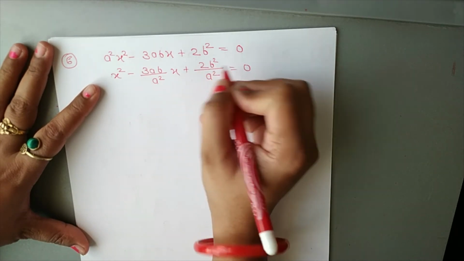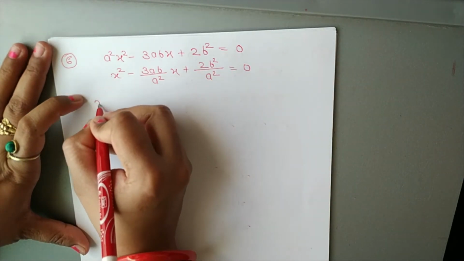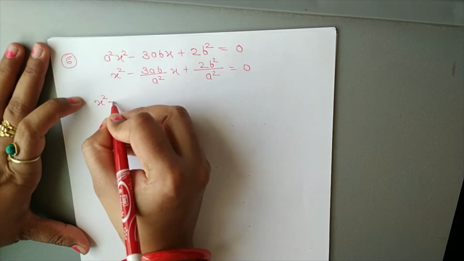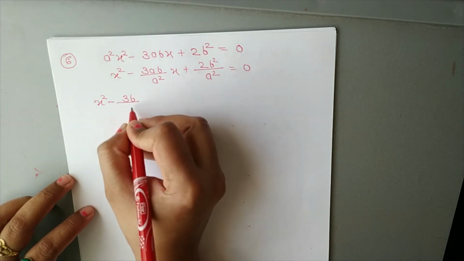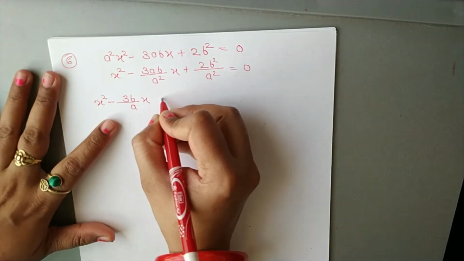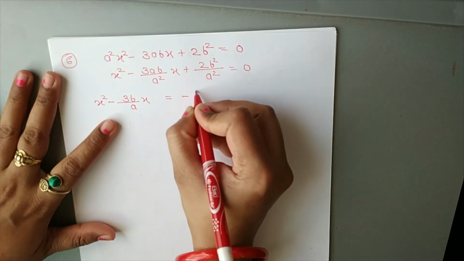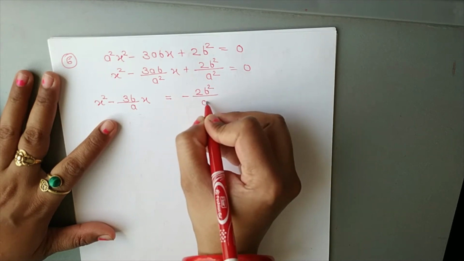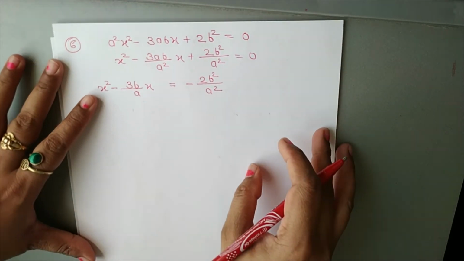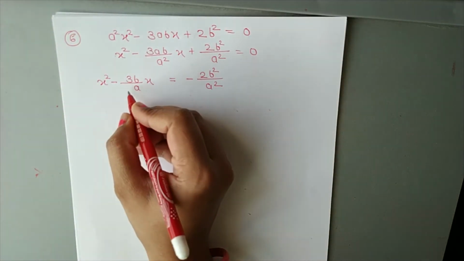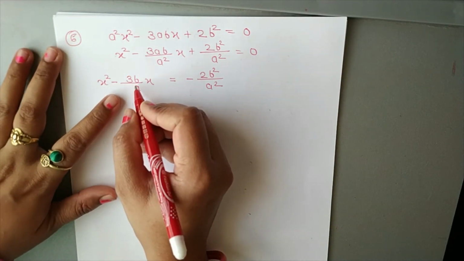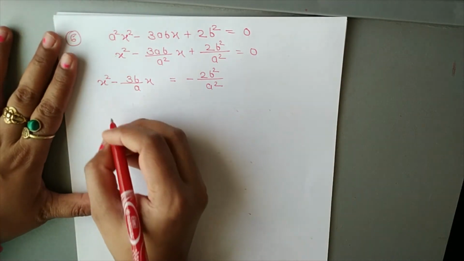Shifting the constant term to the right-hand side, it will be x² − (3b/a)x = −2b²/a². Now half of this coefficient of x is 3b/2a.